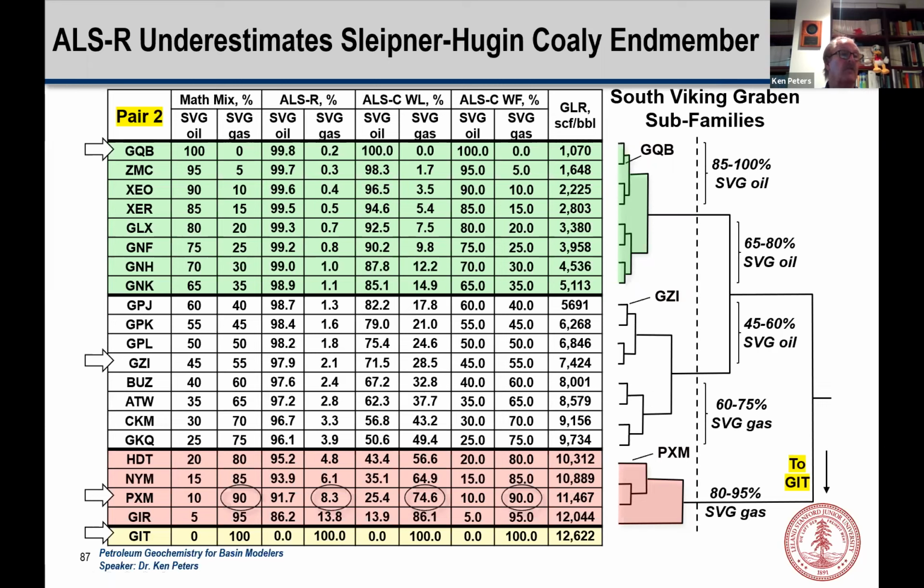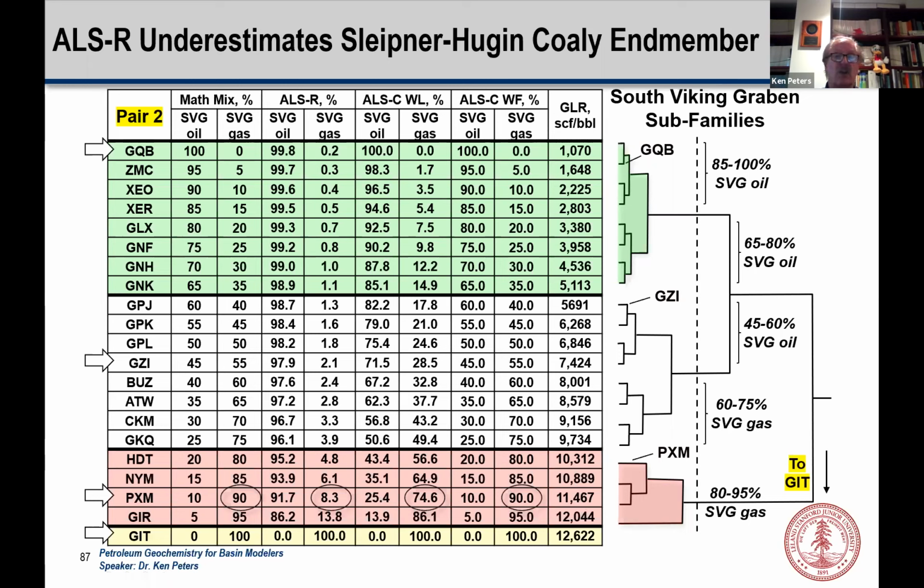Well, that's a serious thing to keep in mind. You can see it's very systematic here. This little group has a little bit bigger cluster distance, but PXM, right there, is 80 to 95% SVG gas, with just a little bit of the Dropney oil in there. And of course, GIT is 100% of the Schleipner-Huygens.